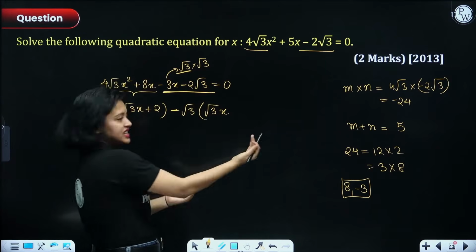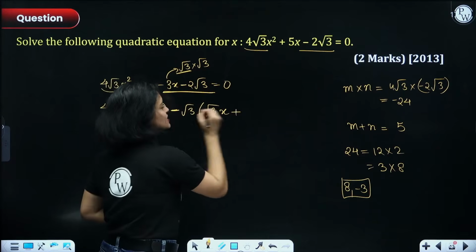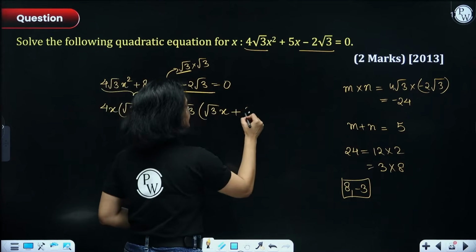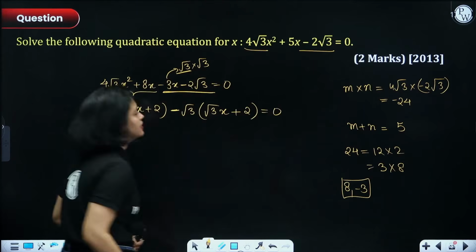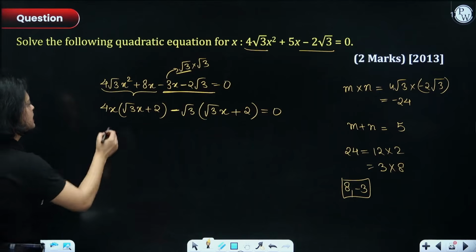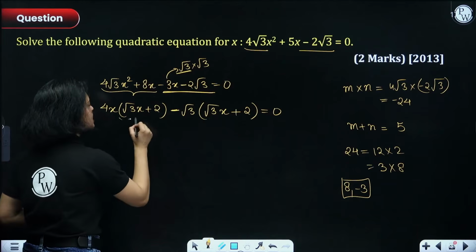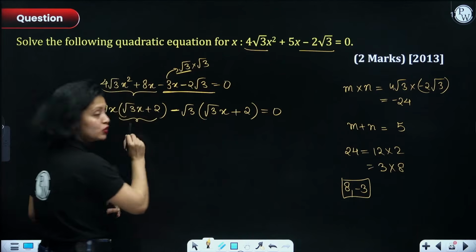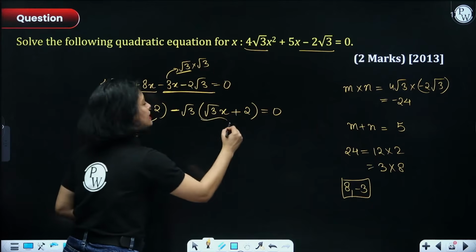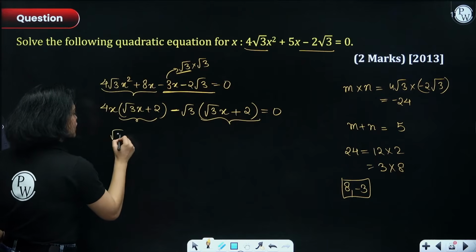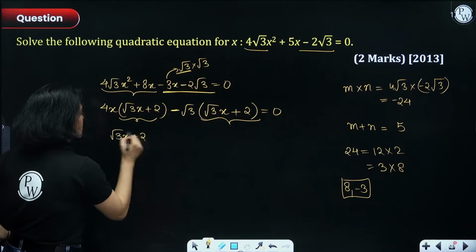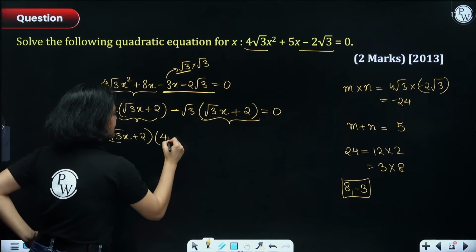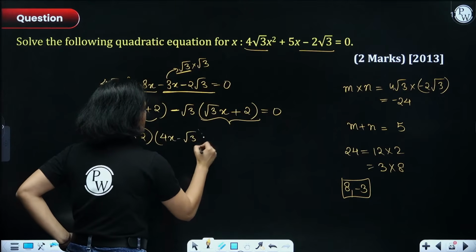So if the negative sign is taken out, then what remains? Positive sign. So here I'll get 2 is equals to 0. Understood, everyone? Simple. Now I can see that in both the terms root 3x plus 2 is common. Right? So here I'll take root 3x plus 2 common, and here I'll have 4x minus root 3. That would be equals to 0.